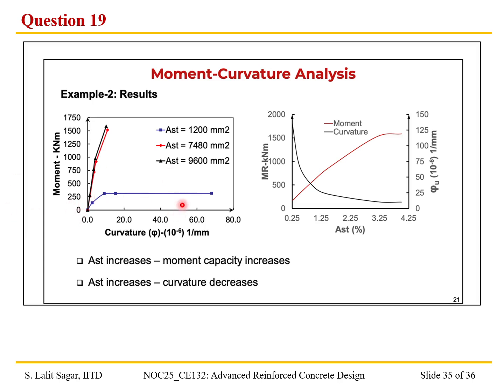Here this corresponds to the under reinforced cross section, the red curve corresponds to the balanced section, and the black curve corresponds to the over reinforced cross section. Similar moment curvature plots were obtained from his lecture as well as the examples that we saw today. And again, this is the variation of the moment and curvature capacity with respect to the AST that is being provided. Again, similar behavior we saw in our examples as well.